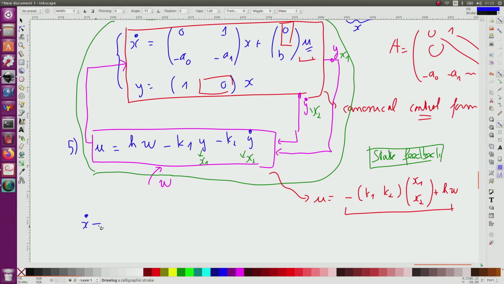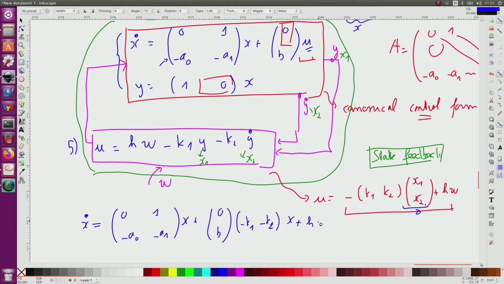Okay, so this relation I can replace here, and I will obtain that x dot is equal to A, so I will call this matrix A, or I will write directly 0, 1, minus a0 minus a1, x plus 0 b times minus k1 minus k2, x, so this x, plus h 0 b and w.